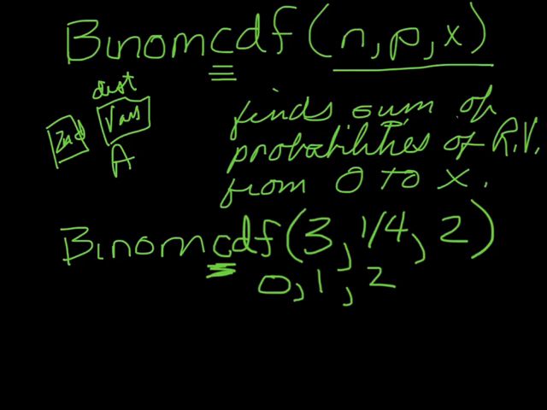And so if I were to figure that out right now, I would get 3, 1/4, 2, the probability I would get is this would equal 0.904 and a few more decimal places.